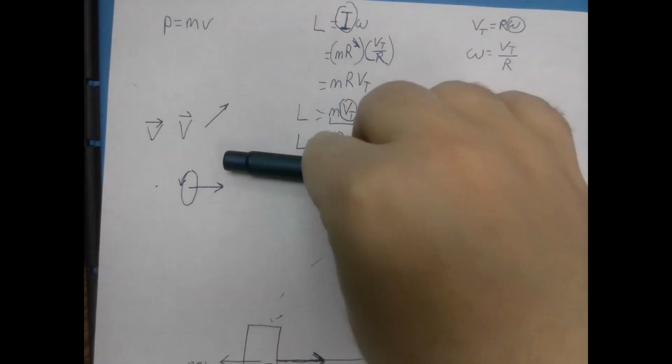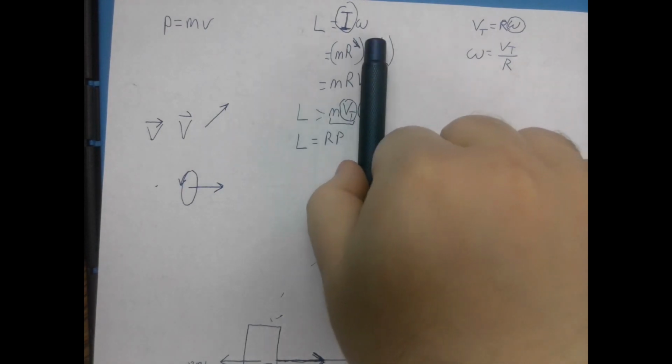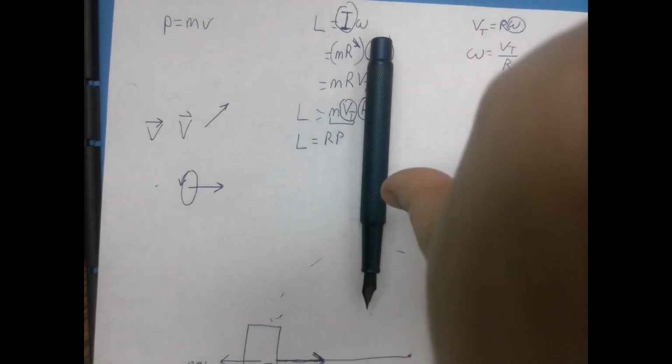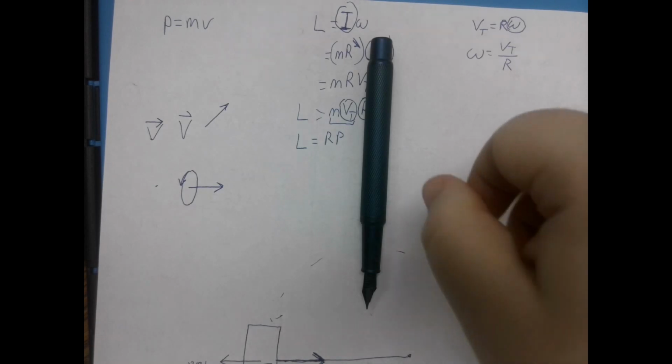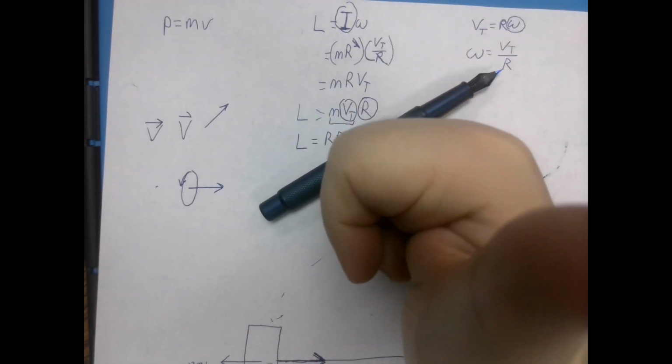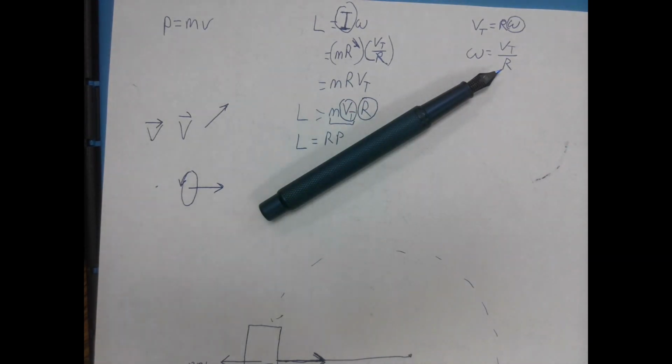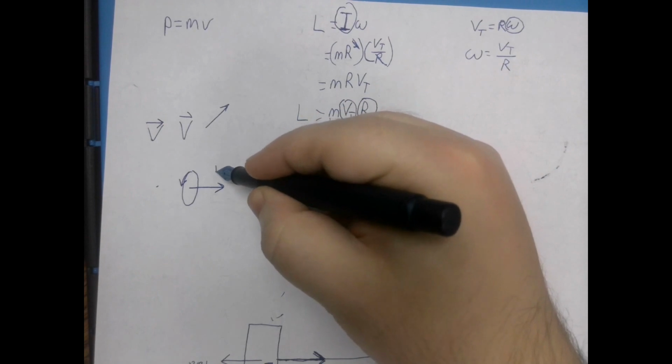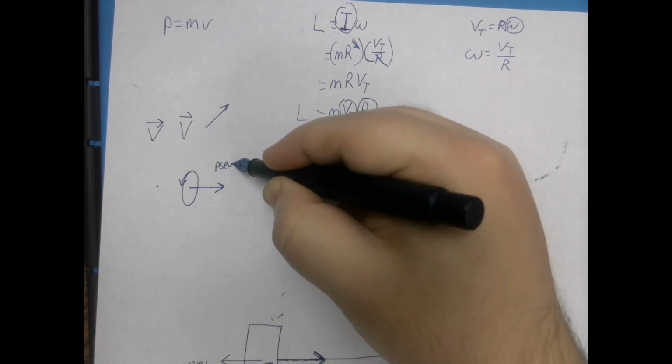So if this was rotating like this, the direction would be pointing down into the paper. If it's rotating like this, curling in the same direction of rotation, it'd be going up toward the camera, out of the paper. This is technically not a real vector. It's called a pseudo-vector.